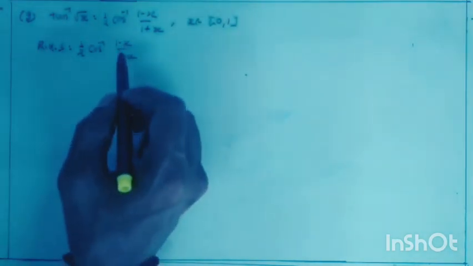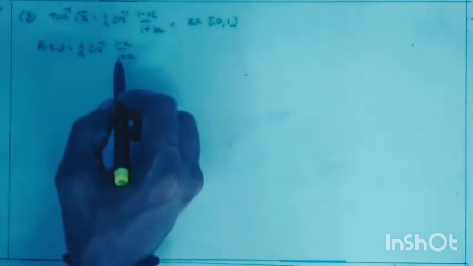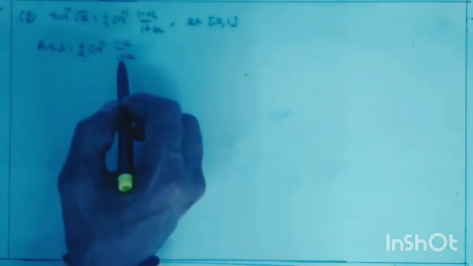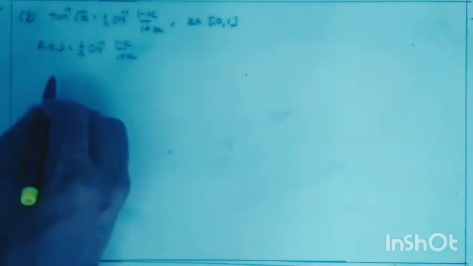Here remember this 1 minus x upon 1 plus x is a type of 1 minus tan square theta upon 1 plus tan square theta, and we know that 1 minus tan square theta upon 1 plus tan square theta is equal to cos 2 theta. So here first we assume that x is equal to tan square theta.